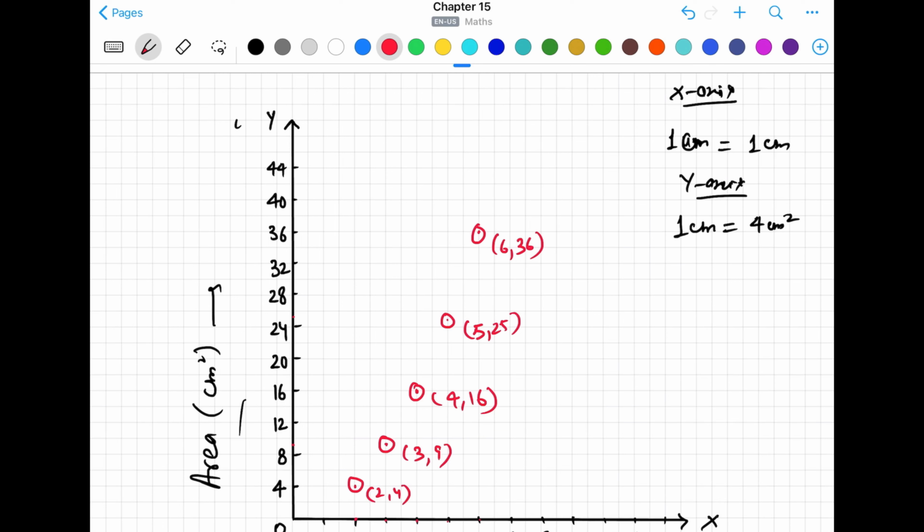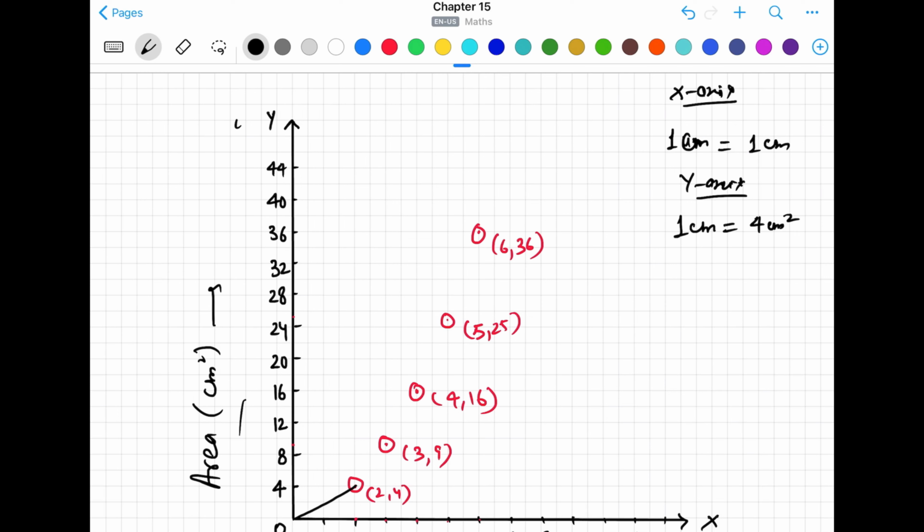Now you can see that if we draw a straight line like this, it will not join the points. It's missing the other points, so we cannot join these with a straight line. If you wish to join these points, you will get a curved line, which means this graph will not be a straight line. We'll get a line like this.